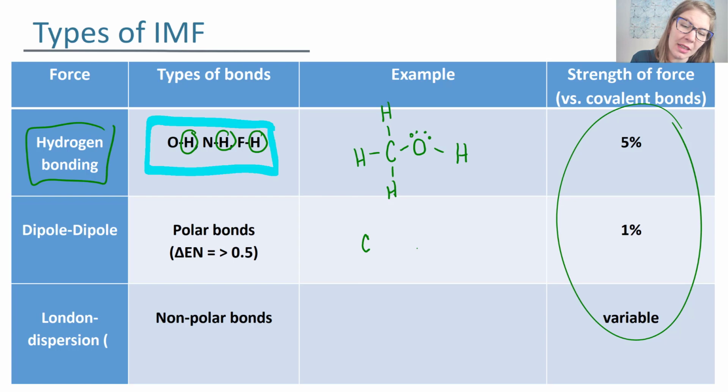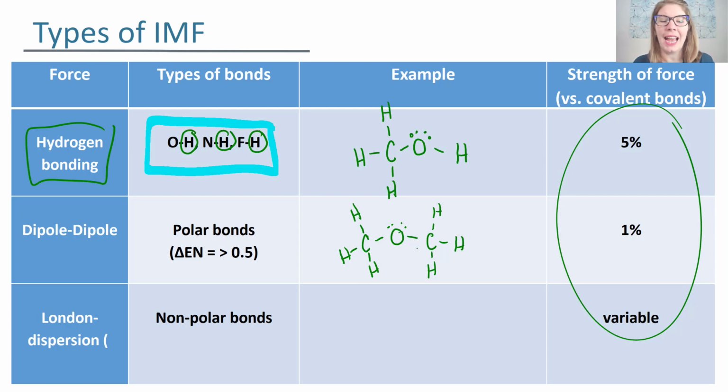So something like an ether is going to be polar but not contain an OH, NH, or FH bond, and thus is capable of dipole-dipole interactions.